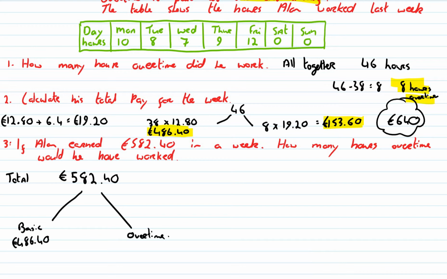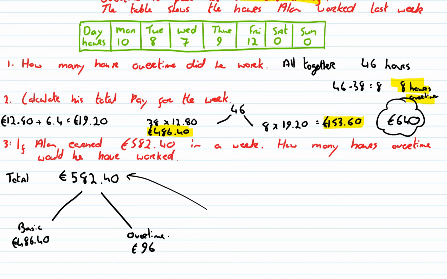582.40 minus 486.40. And overtime is €96. And our question is, how many hours overtime would he have had to work to get this?